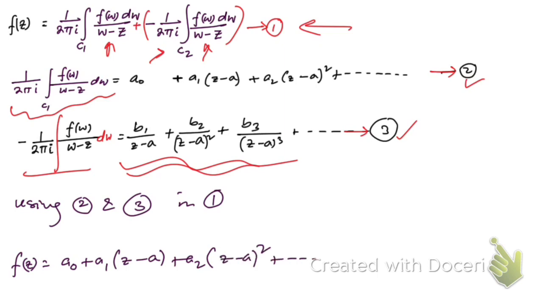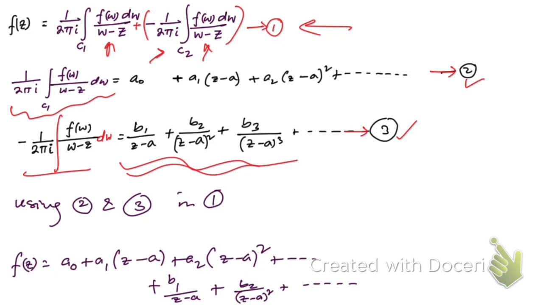Then we're going to get plus b1 by z minus a, then plus b2 by z minus a whole square, then plus dot dot dot and so on. That's how we're going to get, right?